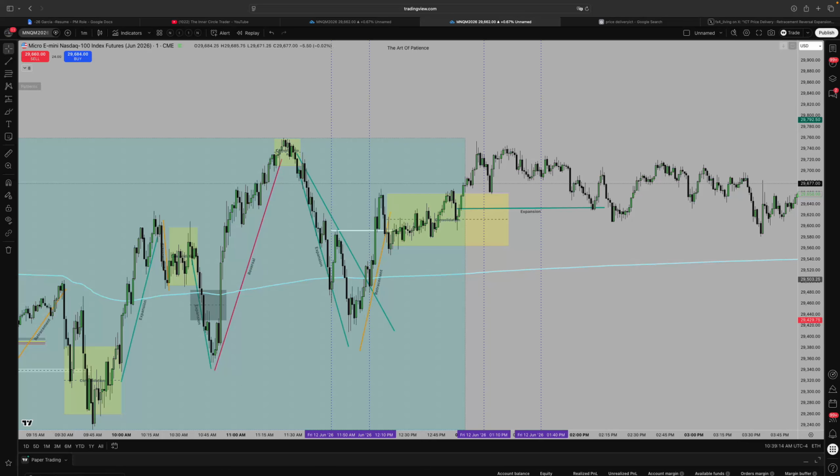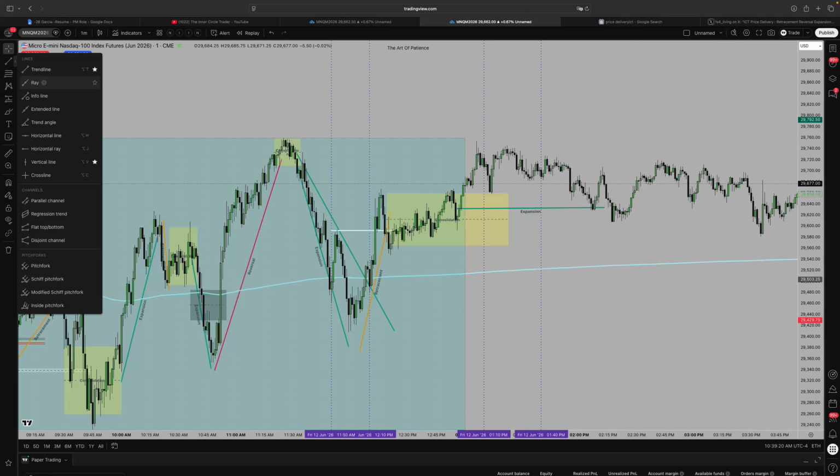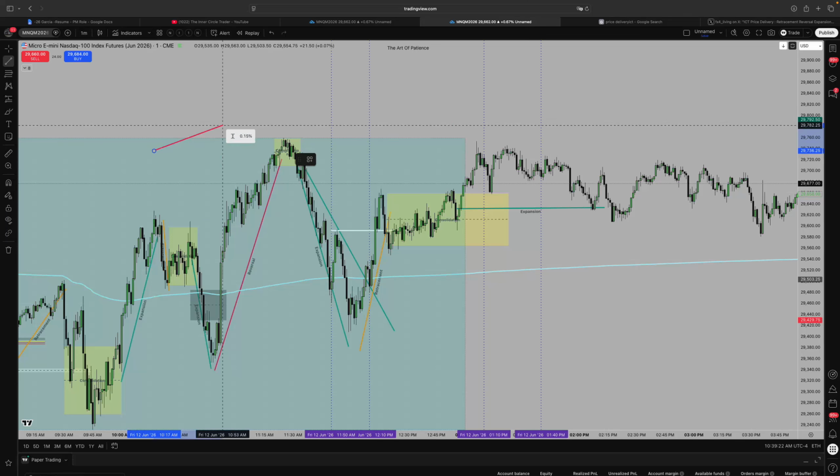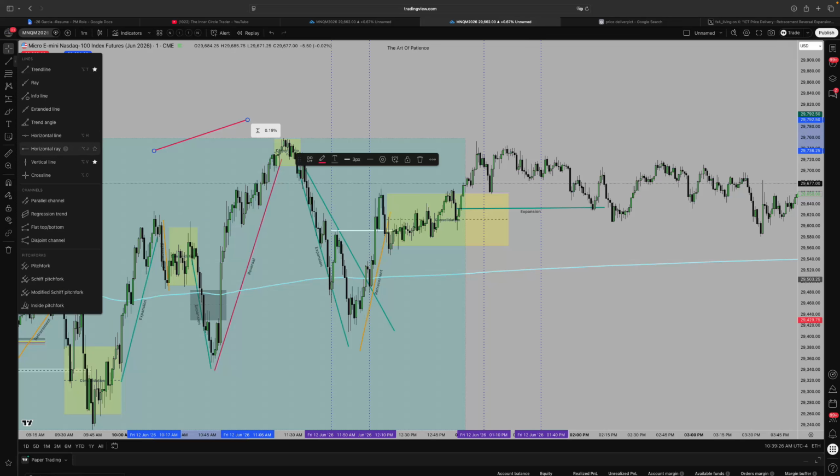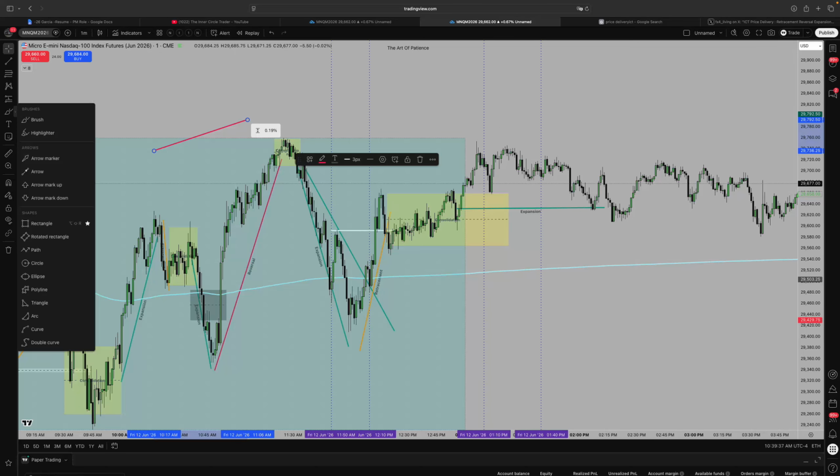But here on the right side, you have all these tools. I mainly just use the trend lines. You can select that and then extend it out, just move it around. And then you have horizontal rays, lines, vertical lines. I use the vertical lines a lot. What else? Oh, the shapes.